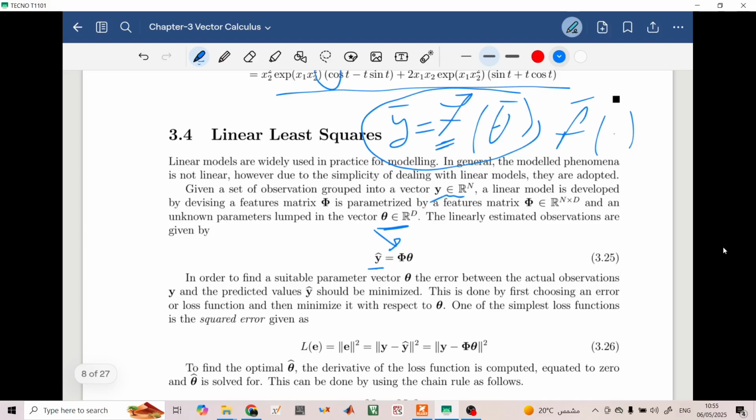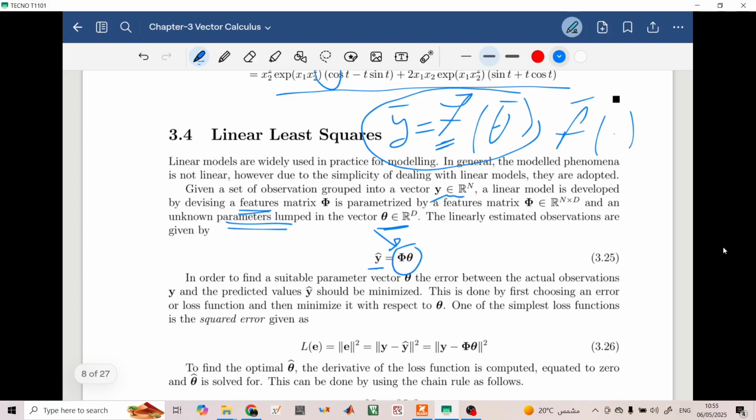If we don't know it, or it's very complicated, we replace this f by phi, which is a matrix, multiplied by theta, which is the unknown parameters, right? As we say in estimation jargon and in machine learning jargon as well.